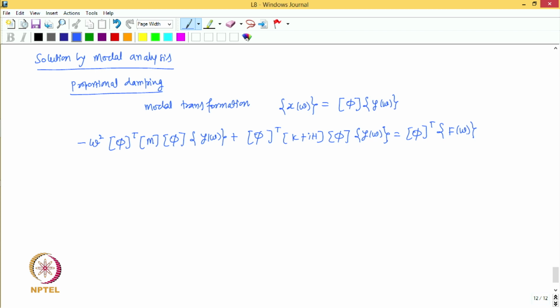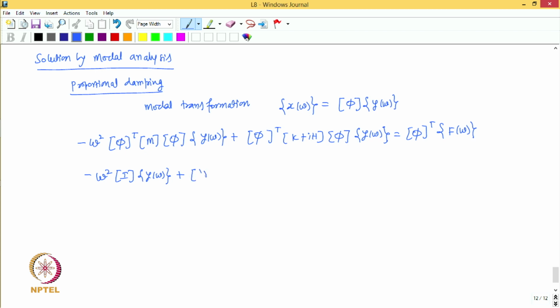Now we invoke the orthogonality properties. Due to orthogonality, phi transpose M phi would be the unity matrix, because we are using the mass normalized eigenvector matrix phi. So this matrix is simply the unity matrix, and phi transpose (K plus i H) phi would be the matrix of eigenvalues.